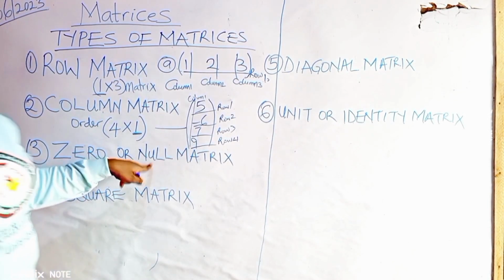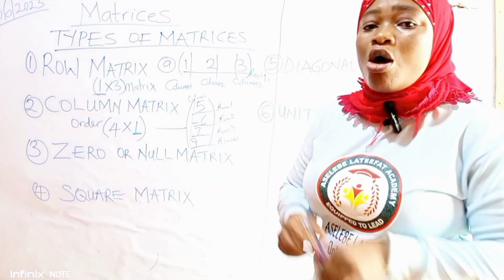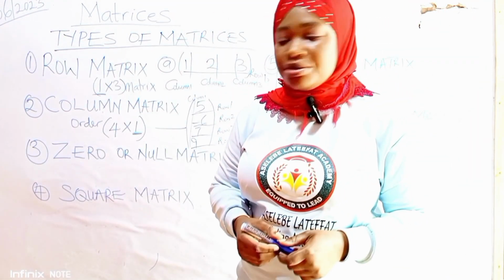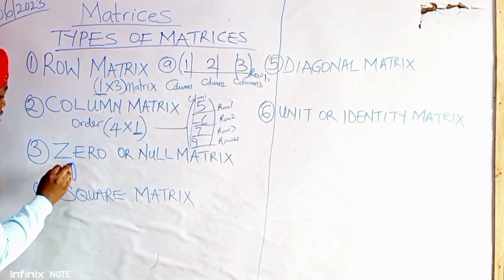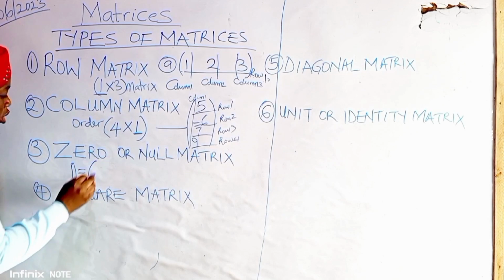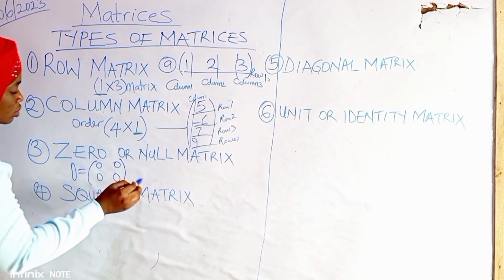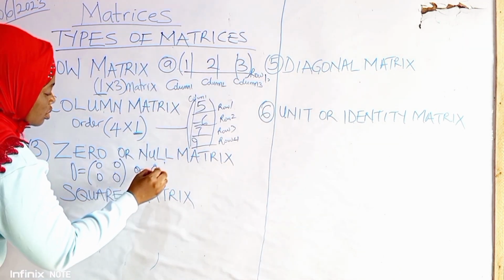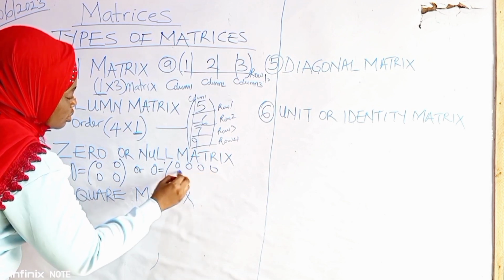Zero or null matrix. This is a type of matrix in which all its elements are 0, and it is denoted with 0. So all its elements are 0. For example, 0, 0, 0, 0.